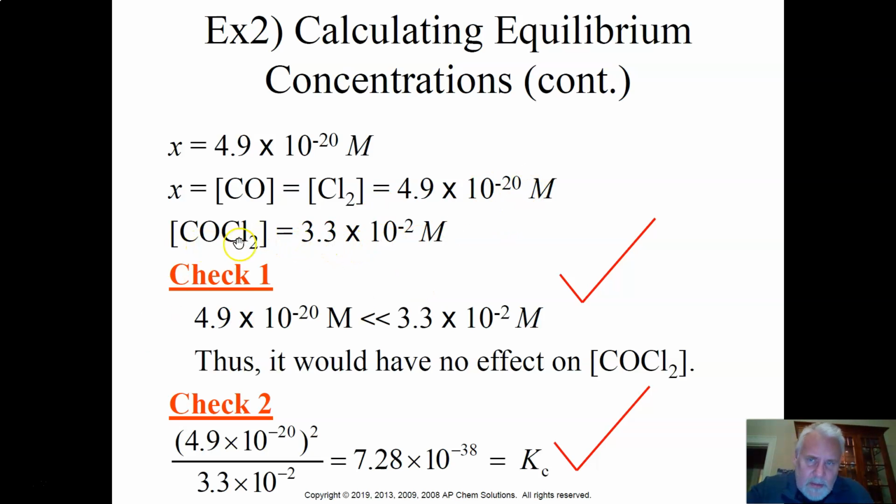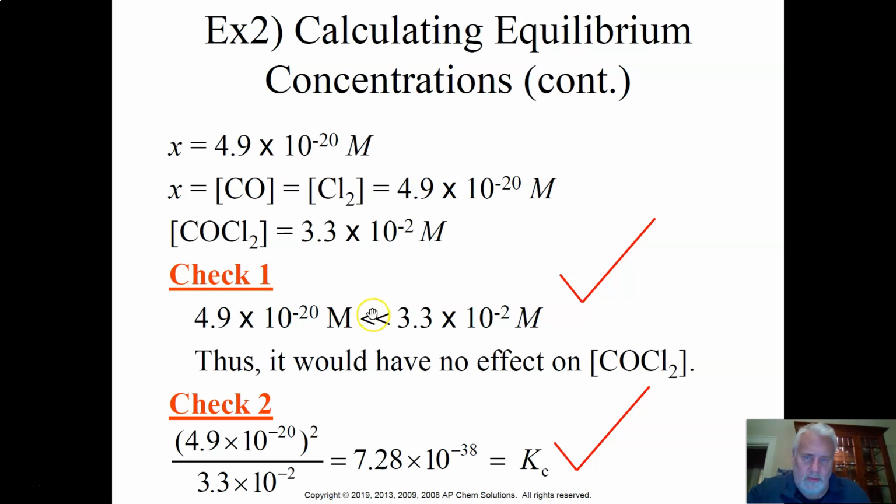And thirdly, remember the phosgene is not going to really change its concentration. Yes, it does change a little bit, but certainly not within the degree of accuracy we have with significant figures.